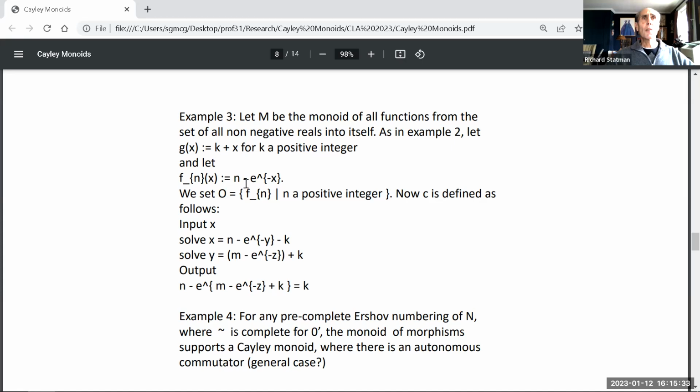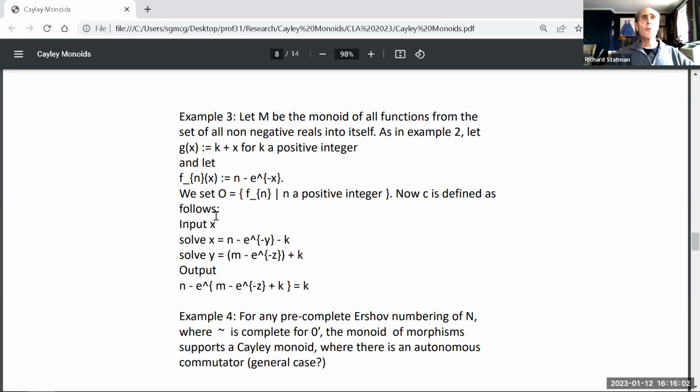And now I'm going to define the set O to be the set of mappings from the non-negative reals onto an interval between two integers, one-to-one, onto, order-preserving homeomorphisms. Okay, so that's it. I guess that's an example, one way to do it. Take those to be the set O.